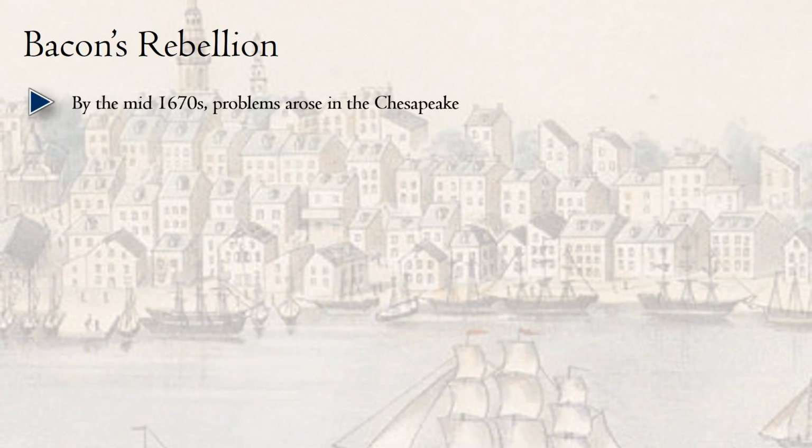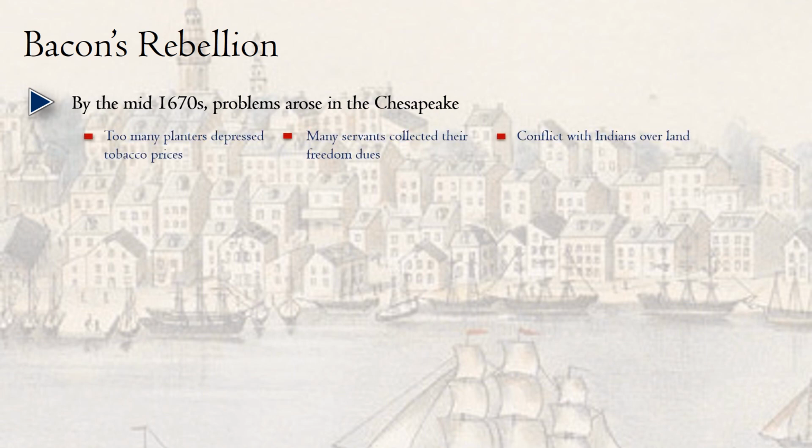Well, we turn back to the Chesapeake and we look at some of the problems that are going to arise in the mid-1670s. You've got too many planters that have moved into Virginia. And when you have too many folks out there growing too much tobacco, that actually depresses the tobacco prices.